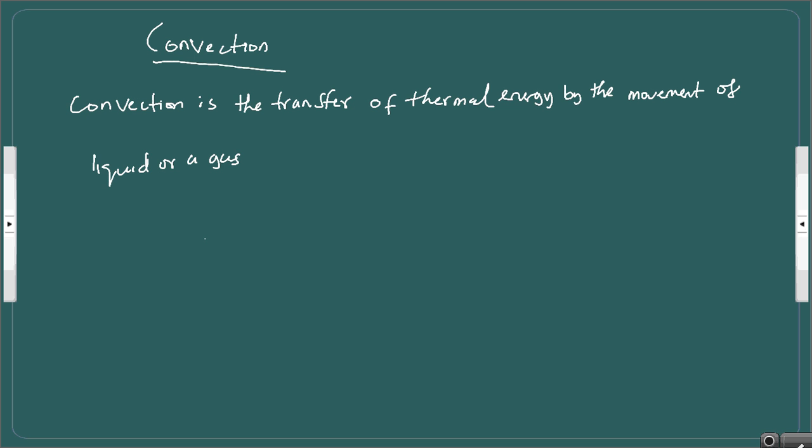Now we need to know that in the first lesson we talked about conduction. In conduction, there's a transfer of heat energy, or thermal energy, from a solid material to another solid material. That's conduction.